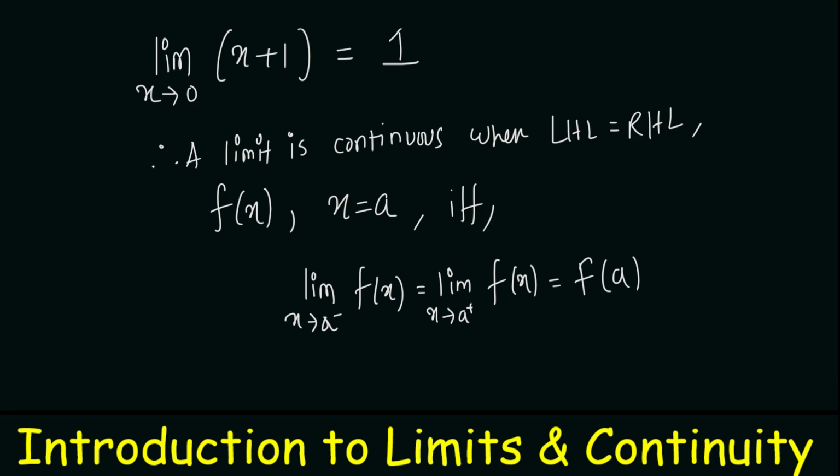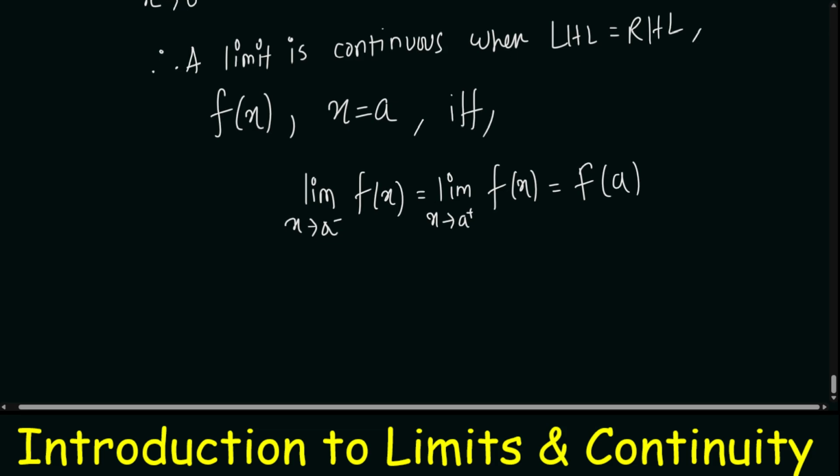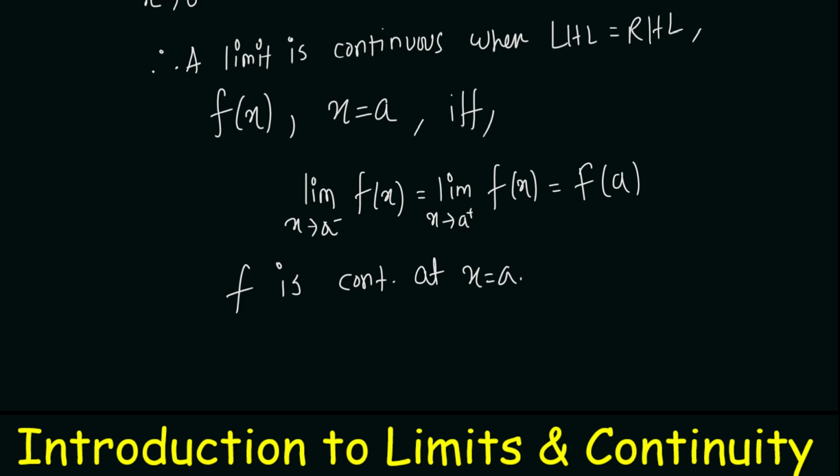If all of these conditions are existent, we can say that f is continuous at x equals a. We are going to use this property a lot in the problems, and in the coming parts of the section we will also explore the properties that are used with continuity and how to exploit them.